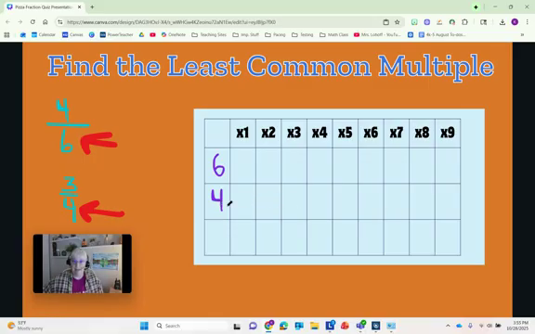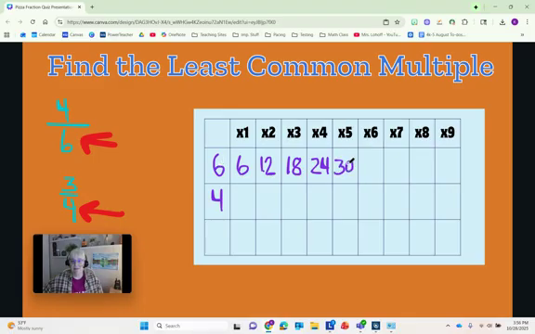You again can use your multiplication chart to copy those numbers if you'd like, or you can practice your facts. So when I look at my multiplication chart for 6, I can see that 6 times 1 is 6. 6 times 2 is 12. 6 times 3 is 18. Are you seeing these numbers on your chart, or are you practicing your facts? Either way, you're golden. 6 times 4 is 24. 6 times 5 is 30.